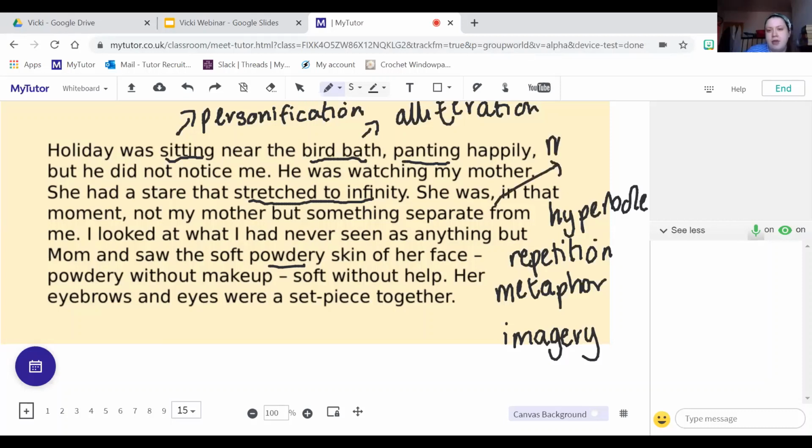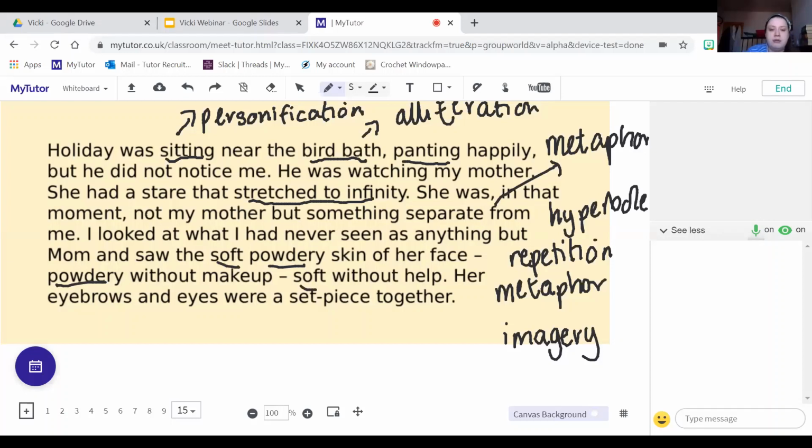So again, I think we can make an argument for a metaphor here, because she isn't separate, she is still her mother. So that's figurative. "I looked at what I had never seen as anything but mum, and saw the soft powdery skin of her face, powdery without makeup, soft without help." We've also got the repetition of soft as well.